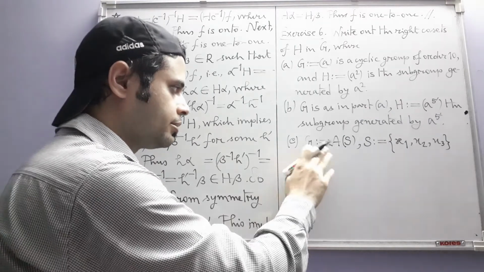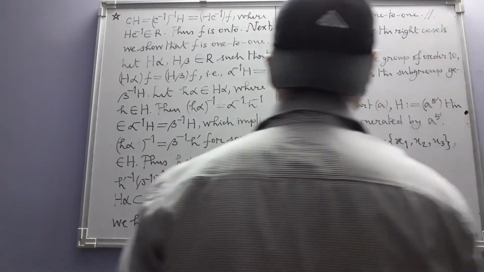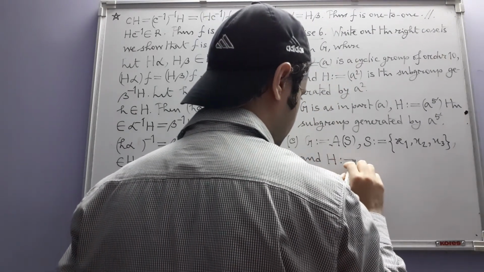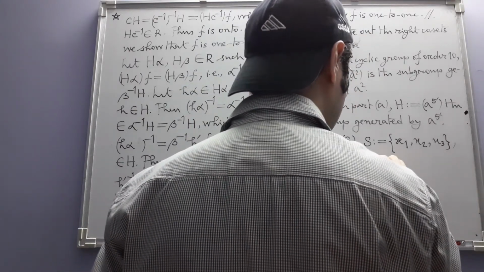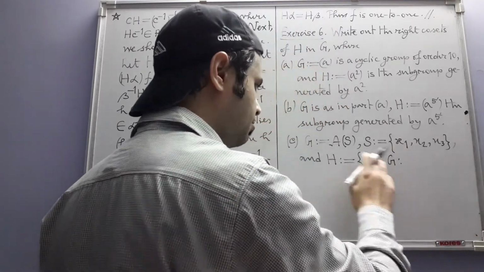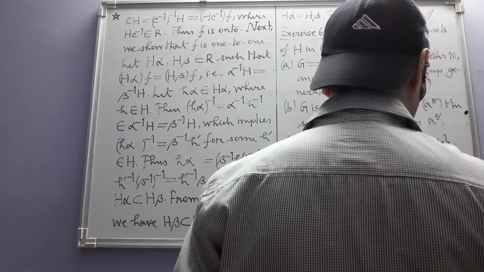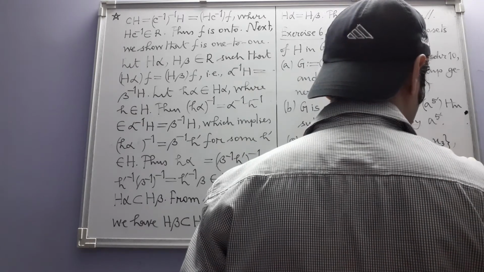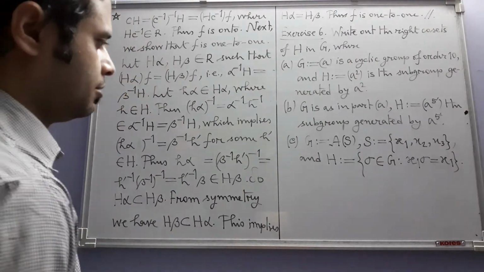In other words, here G is nothing but S3, and H is the subgroup of all elements sigma in G. That means sigma is a bijection on S that keeps the element x1 fixed, that does not change x1.